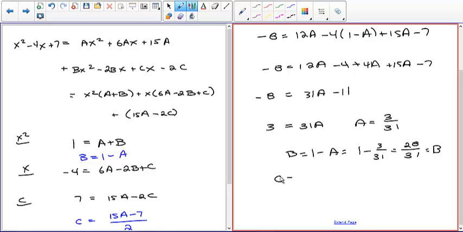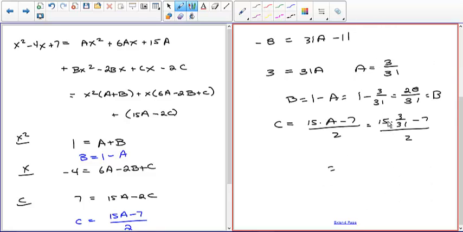And then c is going to be equal to 15 times a minus 7 over 2. So 15 times 3 over 31 minus 7 divided by 2. So what do we get? We get 45 over 31 minus 7 over 2.